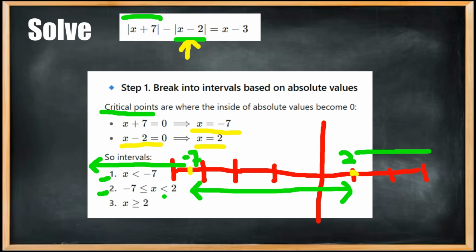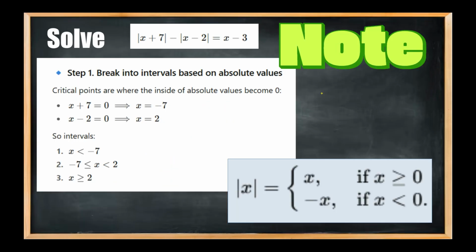Now after this, what do we have to do? One question which may come is, when I was writing the intervals, how did I choose them? Why did I write x is less than minus 7 and not x is less than or equal to minus 7?